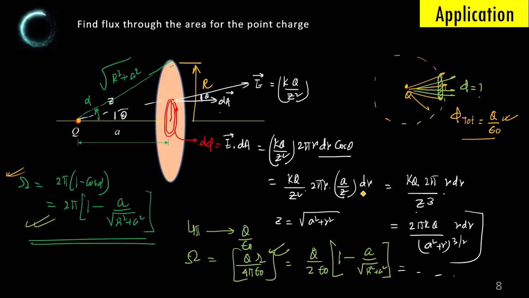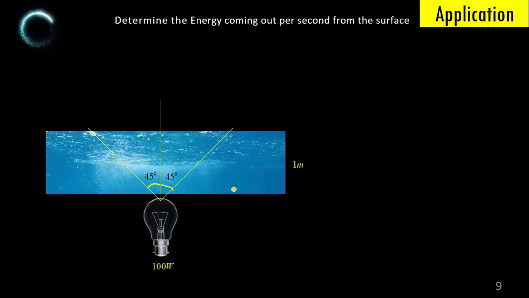Now moving on to the next situation, let us say there is a bulb placed at a distance of 1 meter below the water surface. Okay. Now you are asked to determine the energy coming out from the bulb per second from the surface. Let us say this is the 1 meter depth. At that depth, the bulb is put and it will illuminate the upper surface.